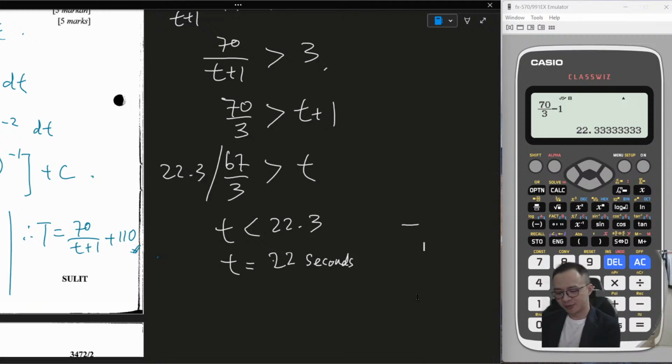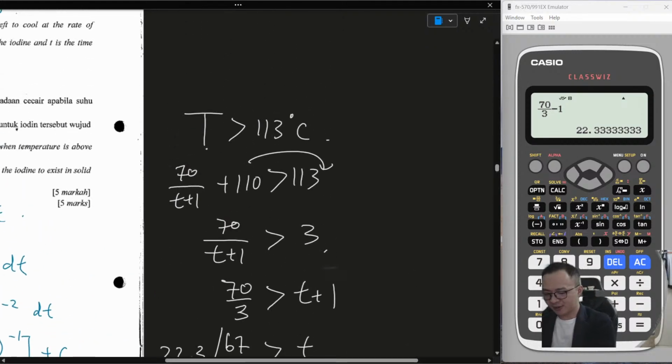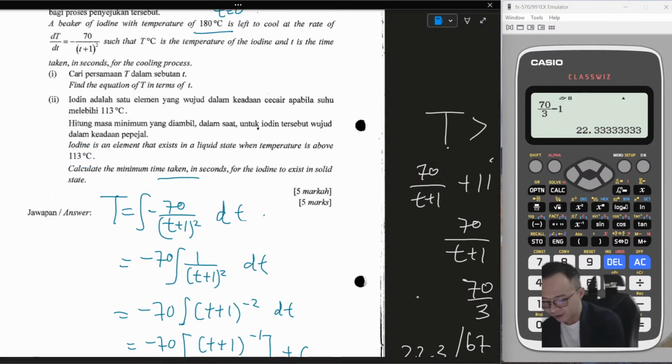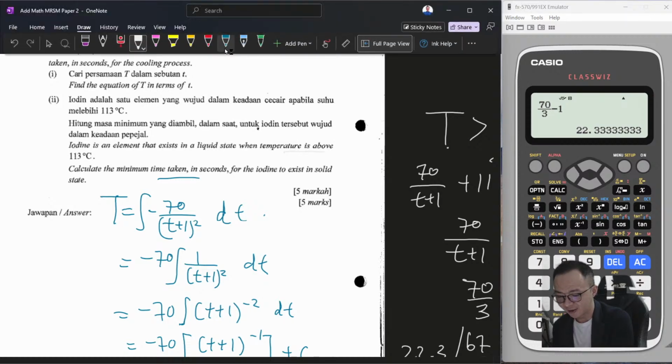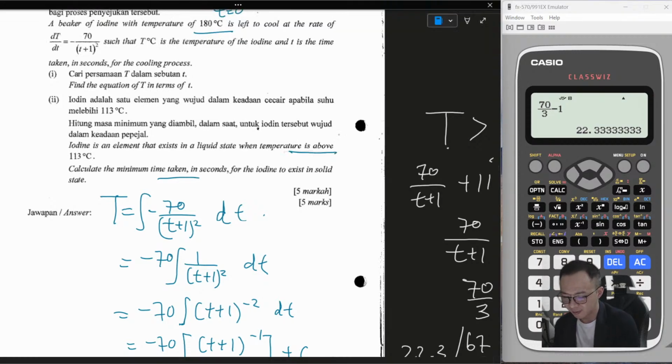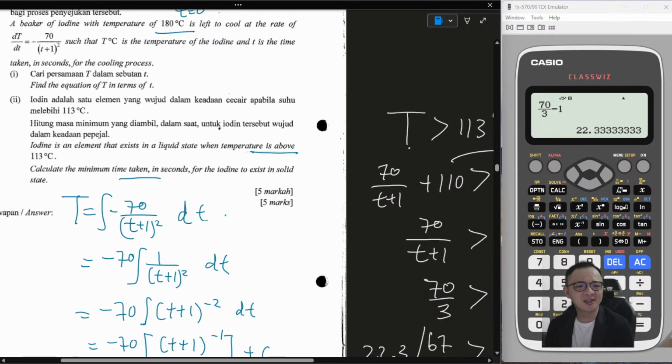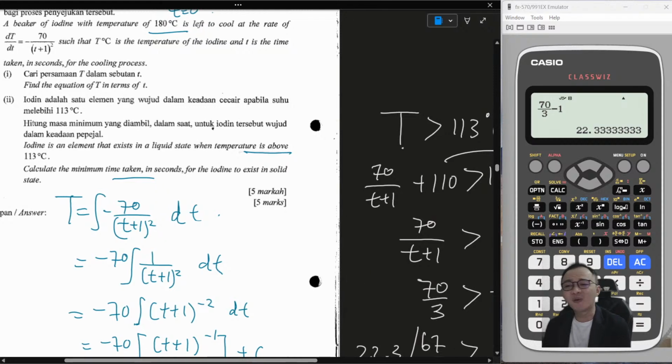So am I wrong here? Maybe there is some typing error. The temperature is above, so T must be bigger than 113, but I checked the marking scheme and it says T is less than 113.